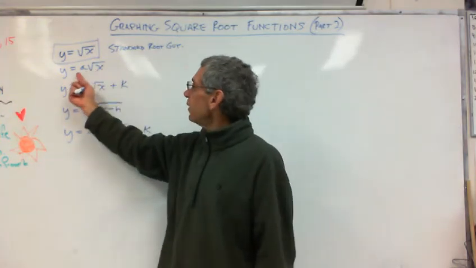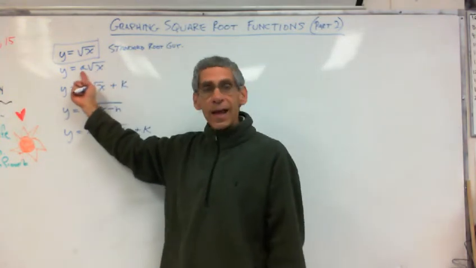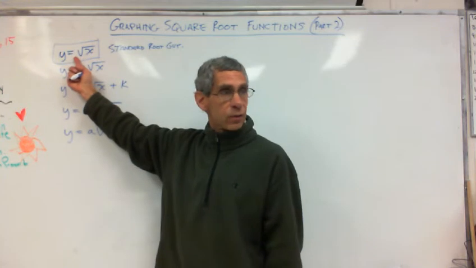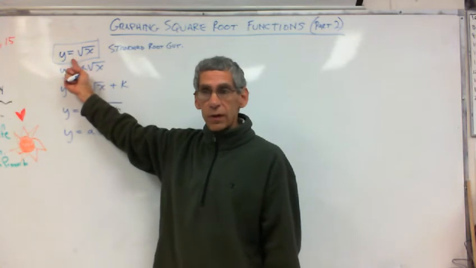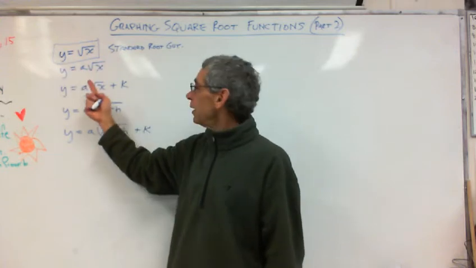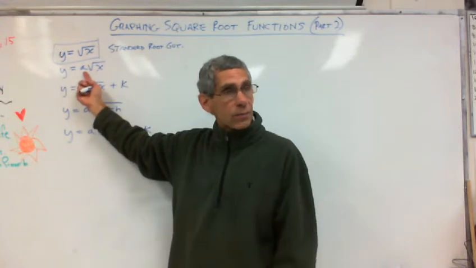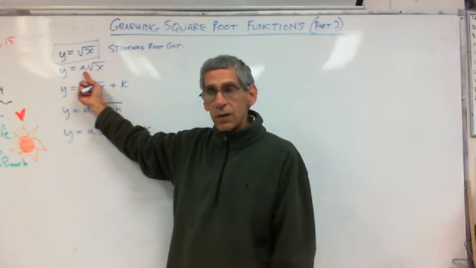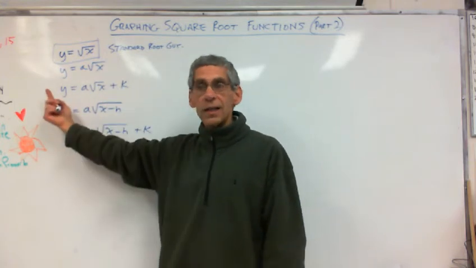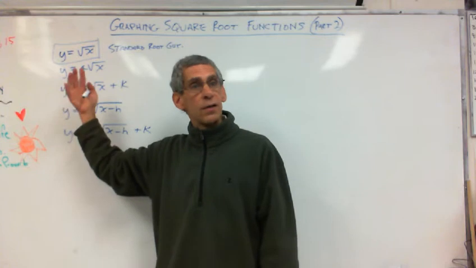We figured out that if you have an a that's not a 1, here a is 1. Do you guys agree with me? There's a hidden 1 right there in front of the square root of x, right? So it doesn't change the value of what y is. But if a is something else, if it's 5, you're going to multiply that 5 times whatever the square root of x is to get a y that's going to be bigger than it was before.